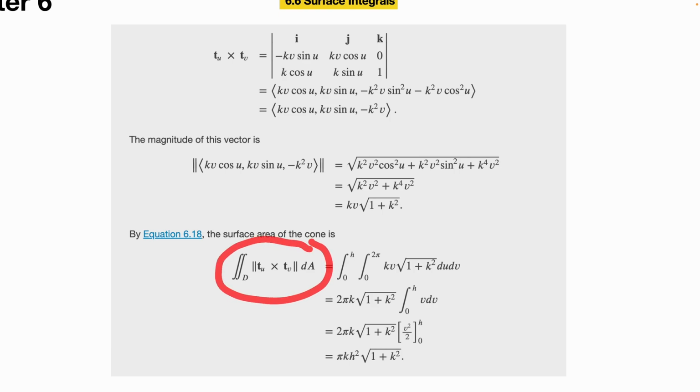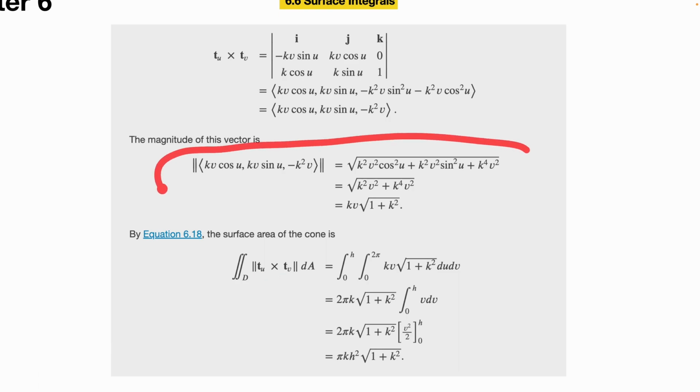Here's that formula. Here's the domain, 0 to h, those are on V's, 0 to 2 pi, those are on U's, k is a constant. This integrand is the magnitude of the normal vector given by the cross product of the two tangent vectors, which is computed up here.